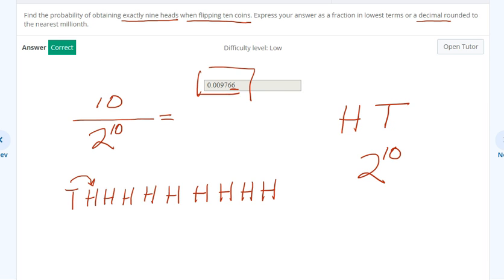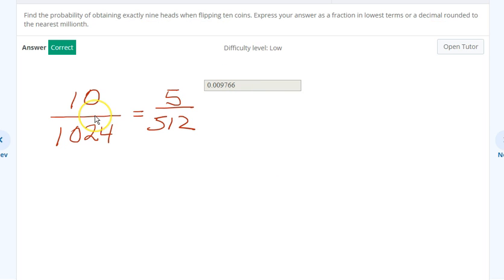Let me show you that. Well, 10 is 10, and 2 to the 10th power is 1024. So you could take a 2 out of each one of these, and this would be the fractional way of expressing. And if you put that in your calculator and round it off to the nearest millionth, you get that.